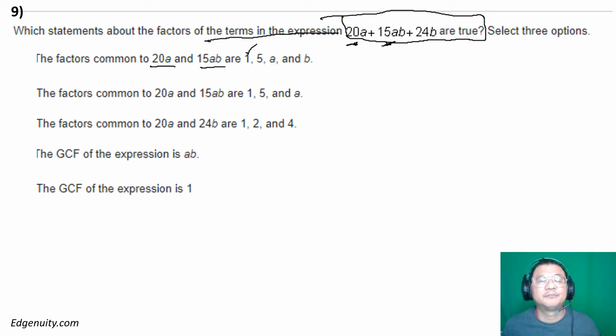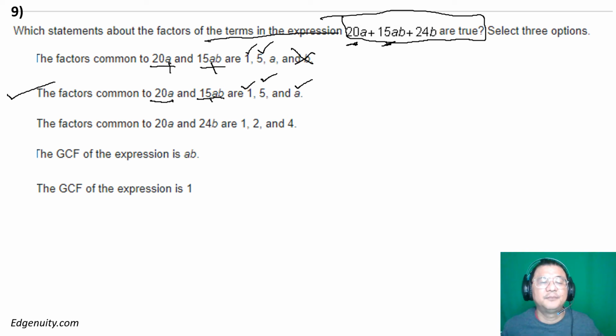I could divide it by 5, yes. And what is common with them? A and A, but not B. So not you. The factors common to 20A and 15AB are 1, 5, yes. And A is common to both. Okay, so correct.